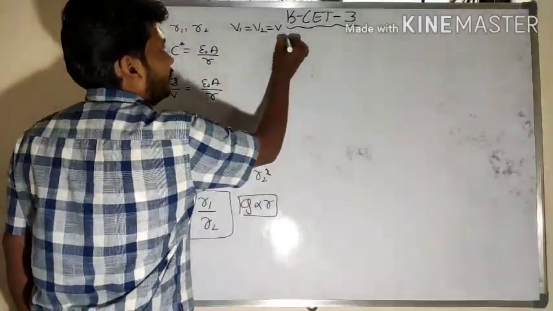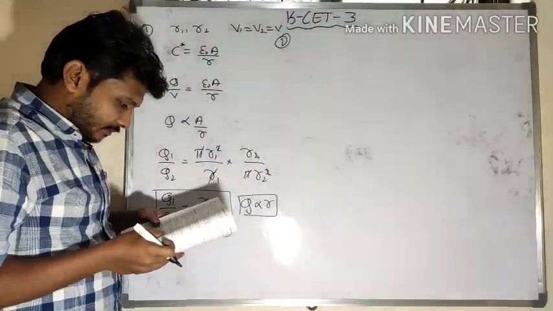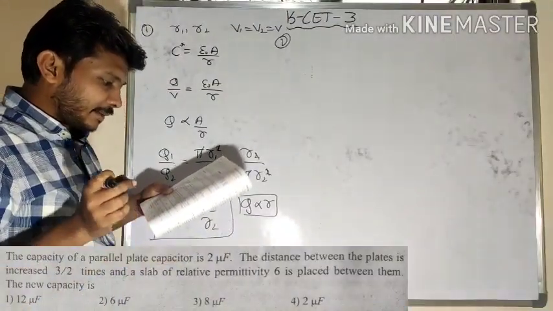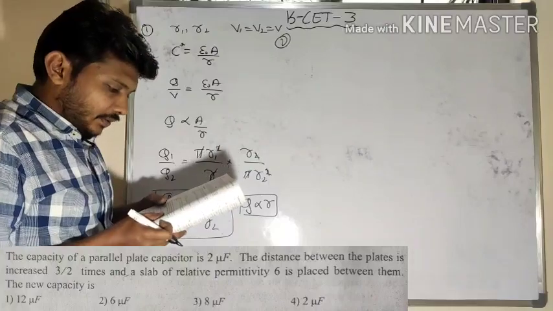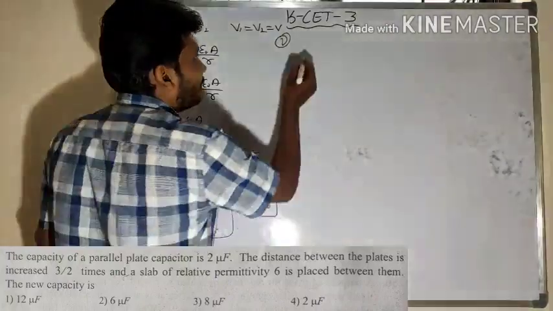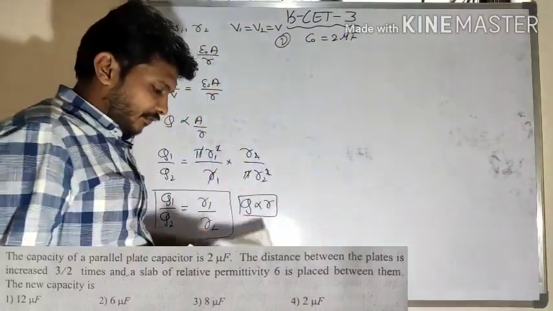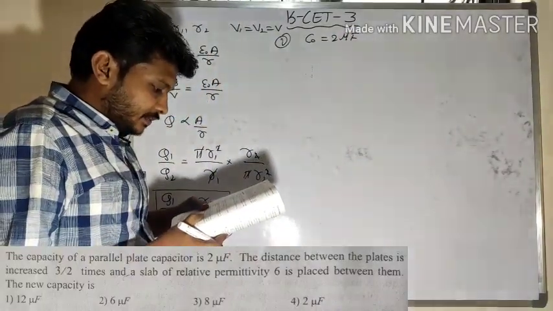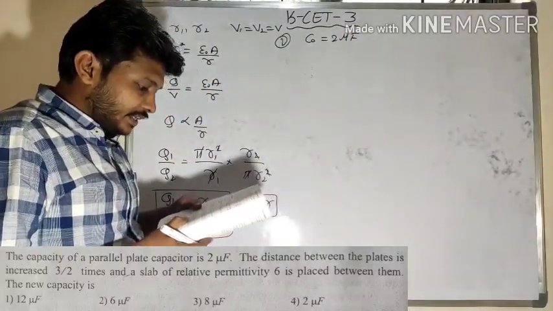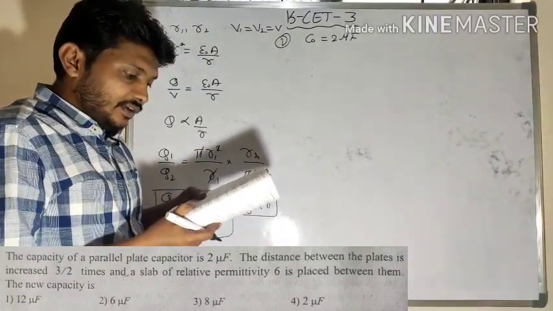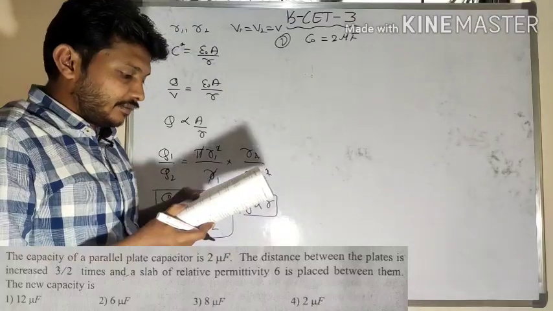Next we will solve this one. The capacitance of a parallel plate capacitor is 2 microfarad. The distance between the plates is increased 3 by 2 times, and a dielectric of relative permittivity 6 is placed between them.